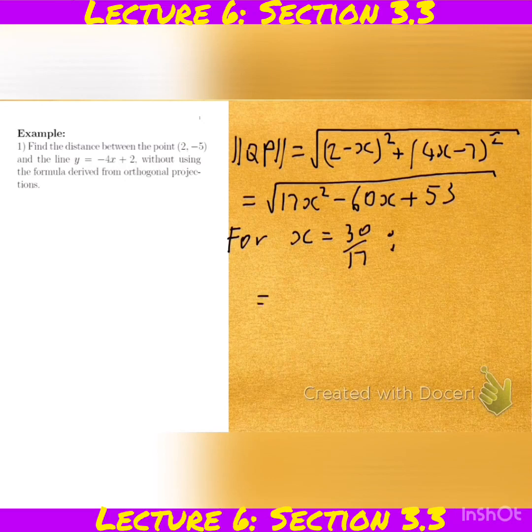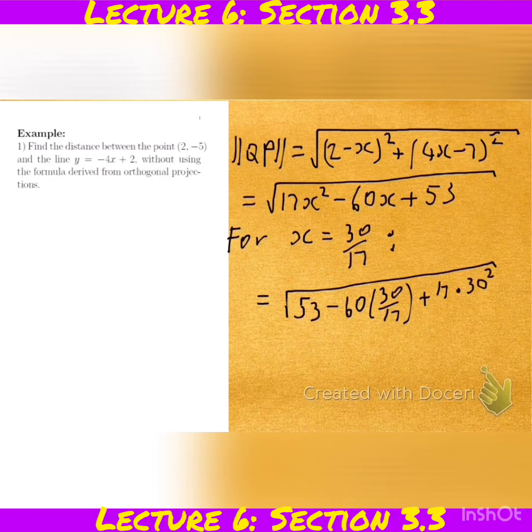So that is equal to the square root of 53 minus 60 times 30 over 17, plus 17 times 30 squared over 17 squared.